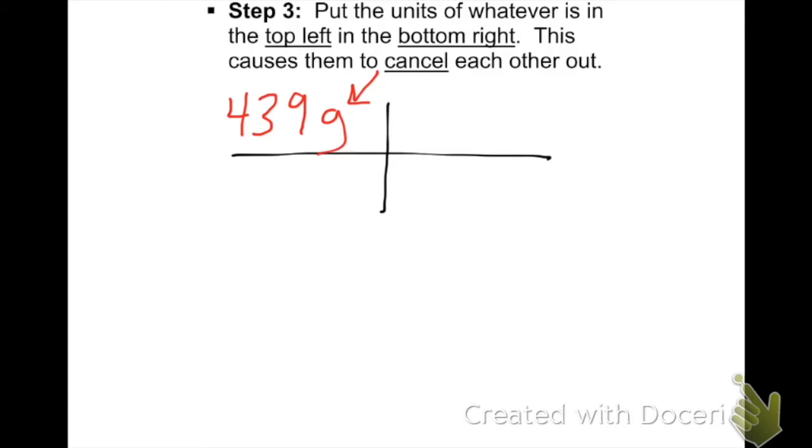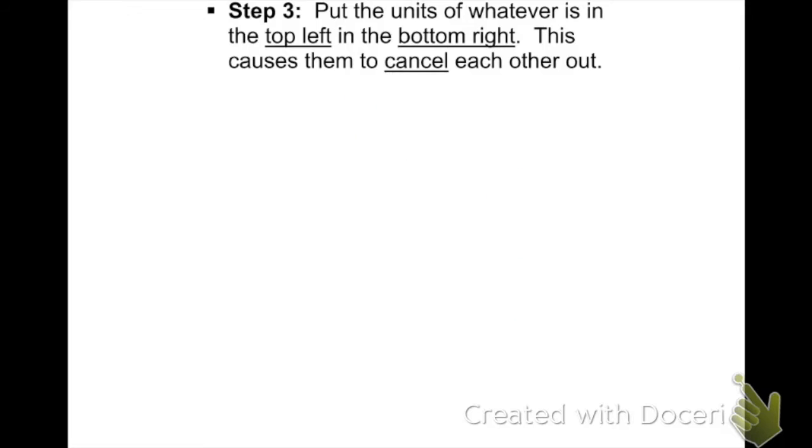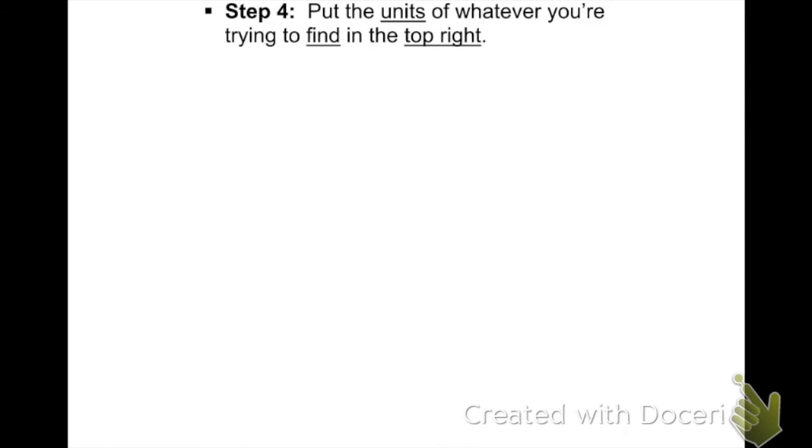In order to cancel out the gram unit, we have to put that gram unit on the bottom. Numerator here, denominator here. So then they can eventually cancel. That's step 3. So put the units that are in the question in the top left, and you need to put them in the bottom right so that they will cancel each other out. It's always going to be the case.